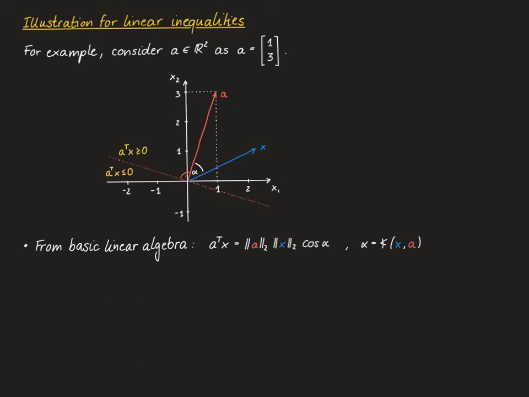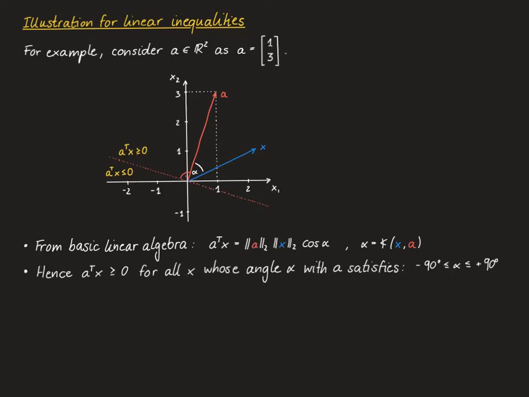From this formula, we can observe the following. The inner product of a vector x with a is non-negative if the angle alpha is somewhere between minus 90 degrees and plus 90 degrees, because that's the range where the cosine is positive.